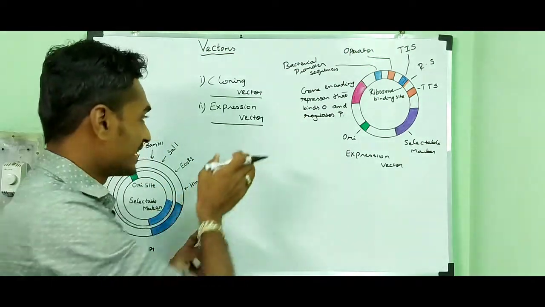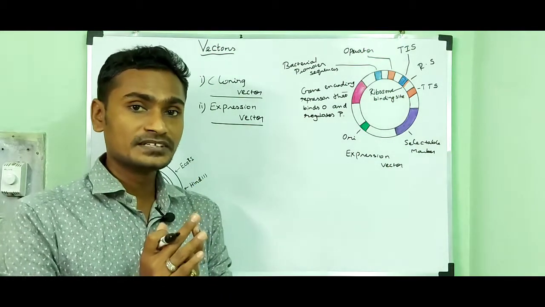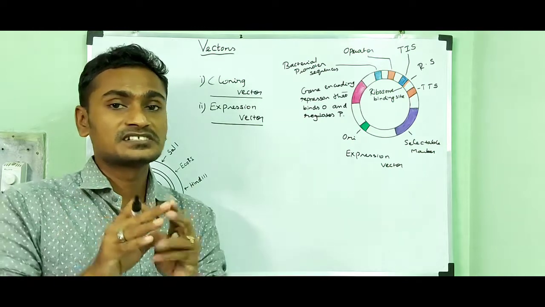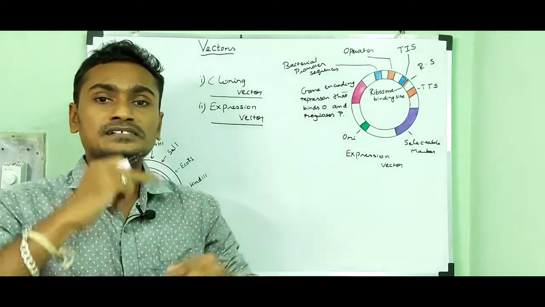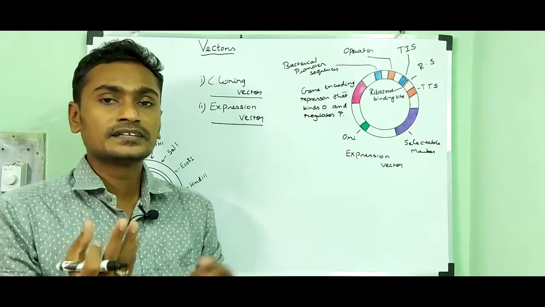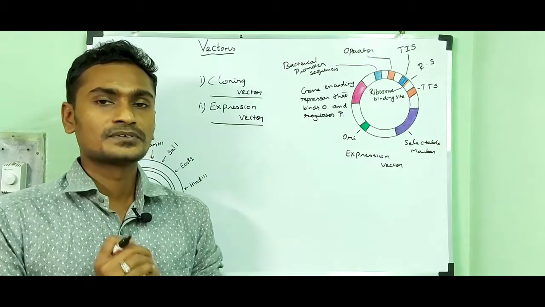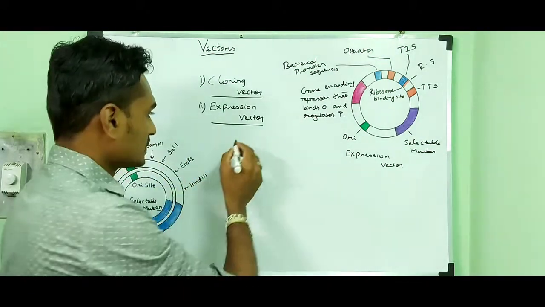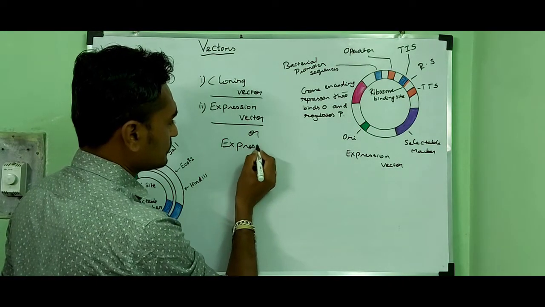That means this expression vector can produce a protein related to the gene of interest. The gene of interest is nothing but a DNA. So the DNA must be transcribed into mRNA, and that mRNA translated into a protein. So that is called expression vector, or it is otherwise called expression construct.